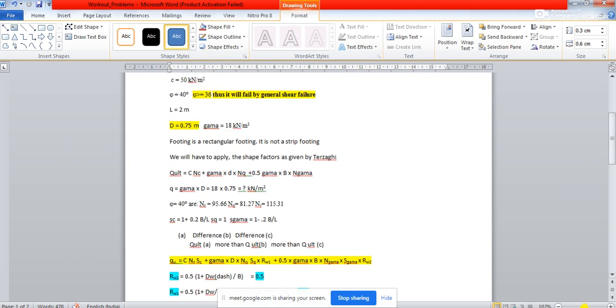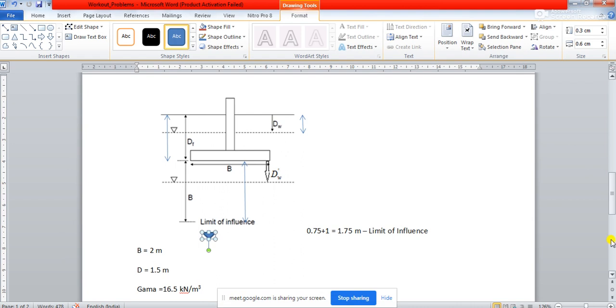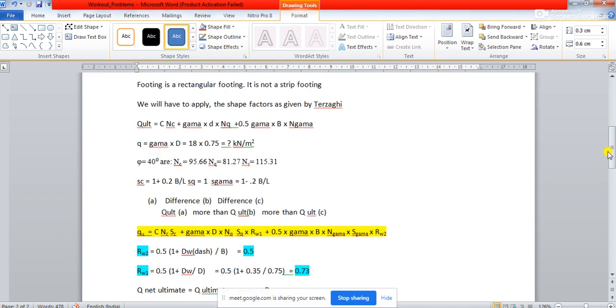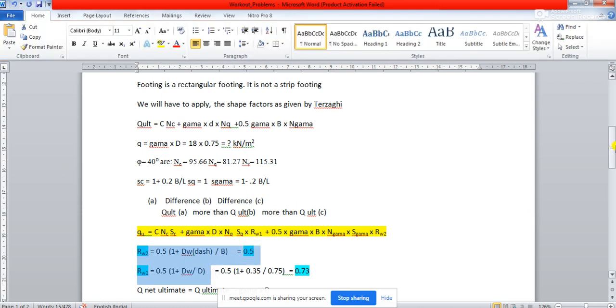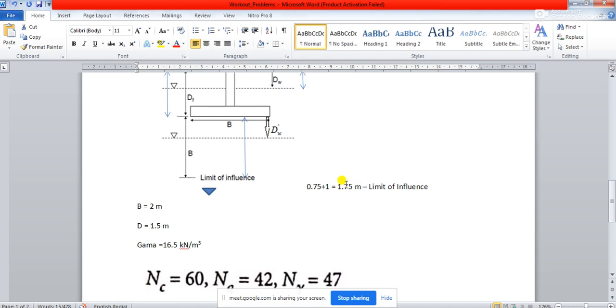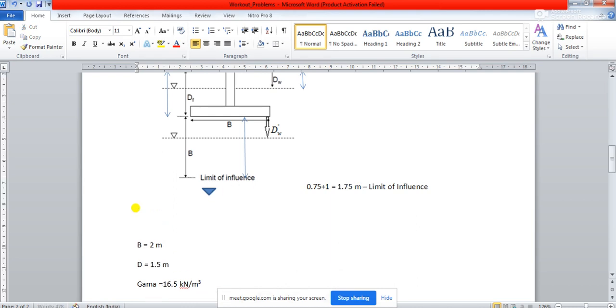Let me increase it a little bit. These two are the water table correction factors we have written, right?